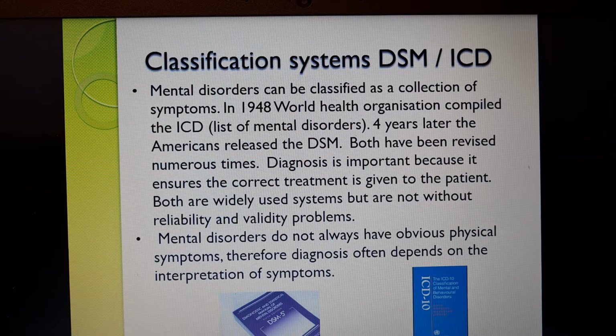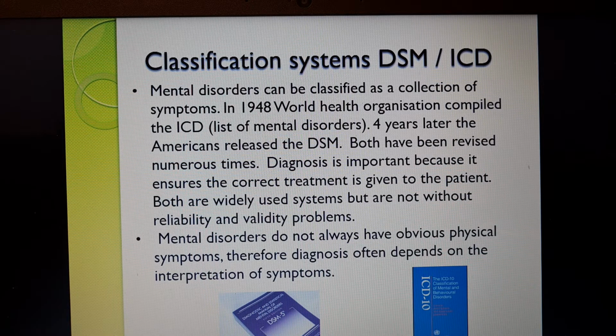Four years later, the Americans released the DSM, and both have been revised many times because they need to be updated. Symptoms change, and the Diagnostic Statistical Manuals also need to be changed accordingly.